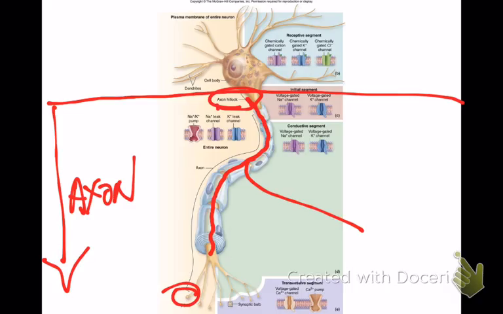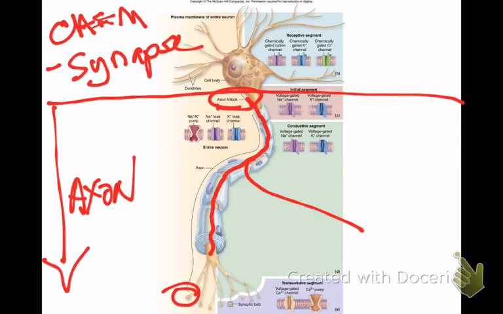What kind of gates? Voltage. Okay? So really, for a multipolar neuron, I only have two choices. I'm going to have chemical gates, which are going to be at synapses on the dendrite and potentially on the cell body. And once I hit my axon, it's voltage gates the rest of the way.